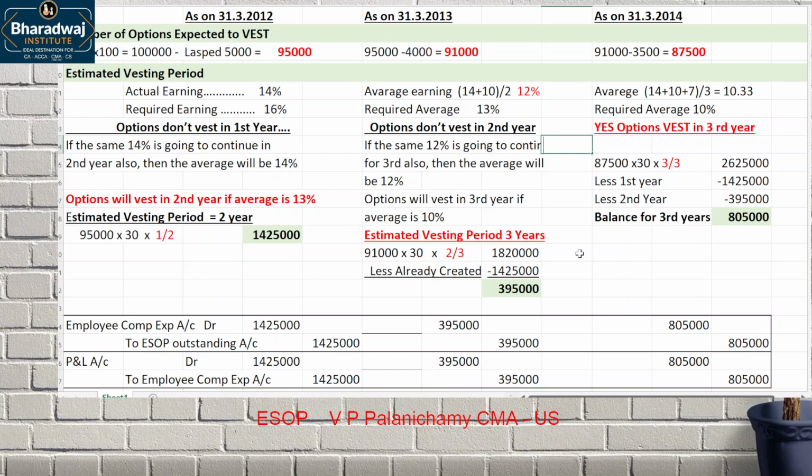So this is during the vesting period, 2011-12, 12-13 and 13-14.